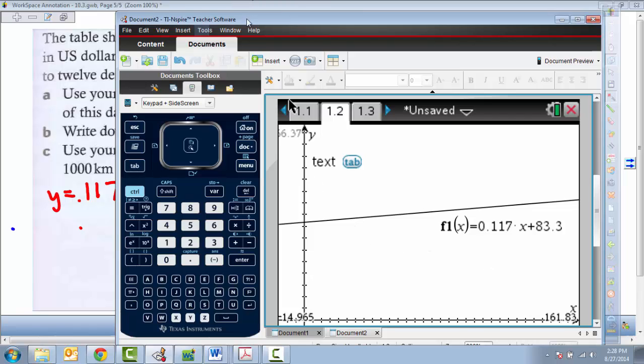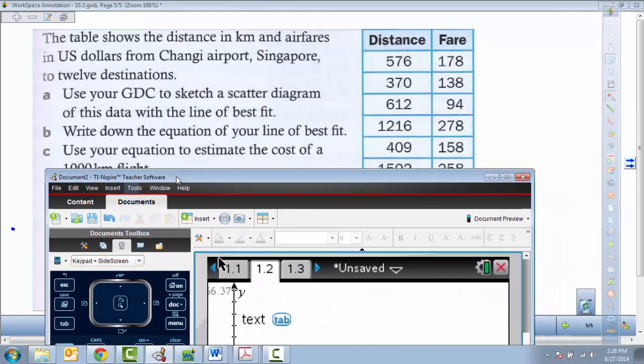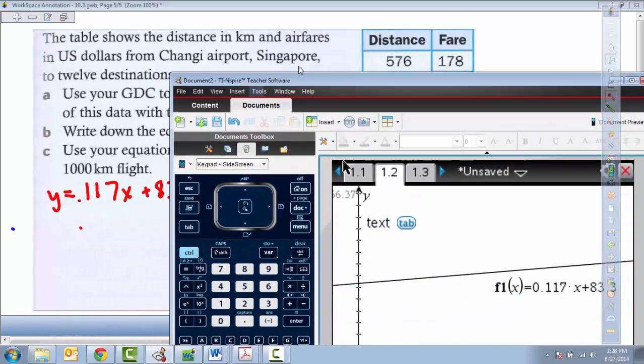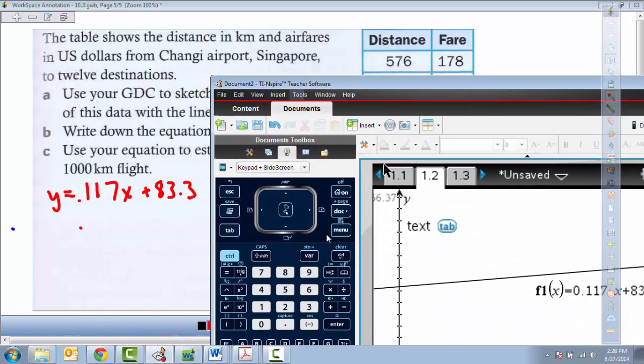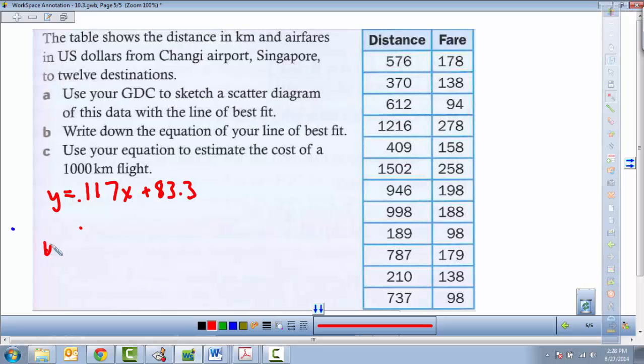And the question is, use your equation to estimate the cost of a 1,000 kilometer flight. So what we're really doing here is plugging in 1,000.